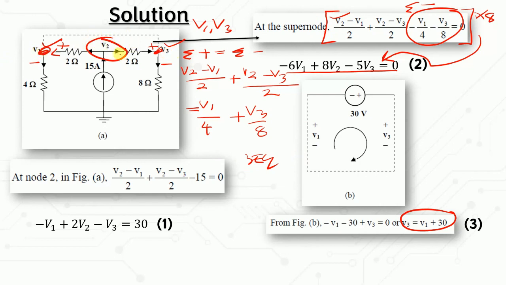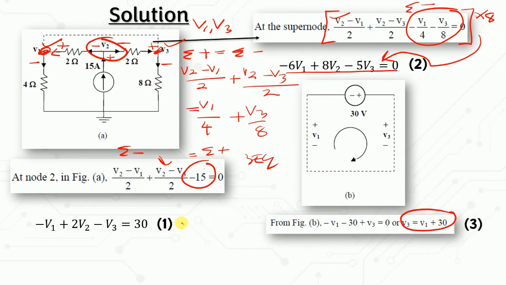For V2, you can see that the current is leaving this node, which is negative, and this is positive and negative. So you will have V2 minus V1 over 2 for the negative current, equal to the positive current. So this 15 is representing the positive current. Okay, so V2 minus V1 over 2, and this one is V2 minus V3 over 2.